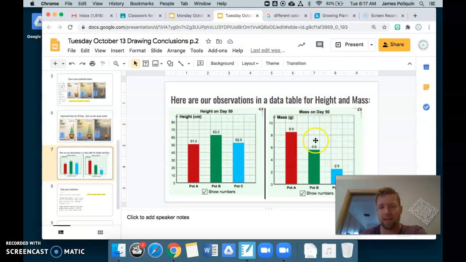The mass on day 50, pot A has a mass of 8.5 grams, and it just looks much, much more massive, more heavy than pot B or C. Pot B is 5.6 grams, pot C is 2.5 grams. Okay, so we have very different masses for our plants, but the heights are somewhat similar, pot B being the tallest plant.